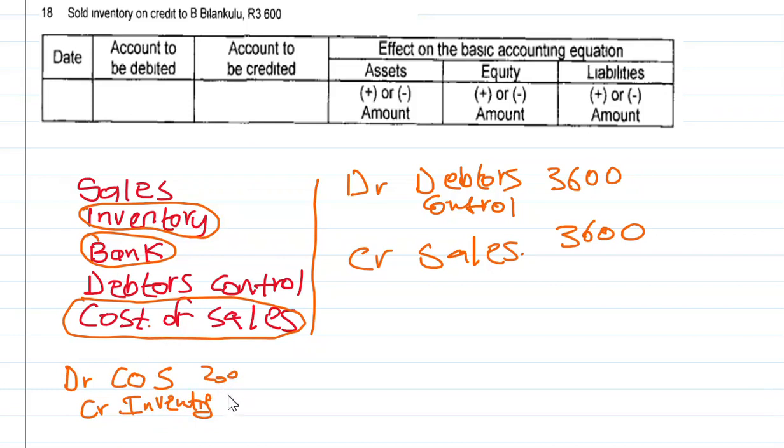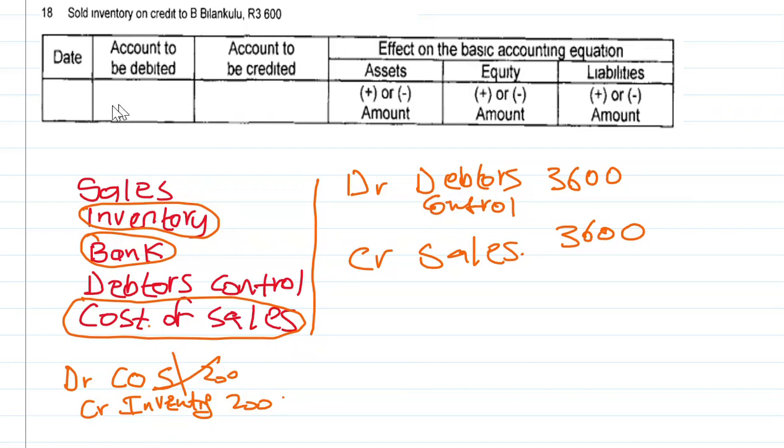I'm just making an example for the future so that you know whenever you're given cost price, what you do with it. If they said that sold inventory on cash, we're not gonna use debtors control, we're gonna use bank. But now it's on credit, so we must use debtors control.